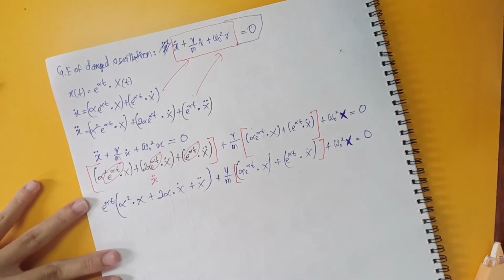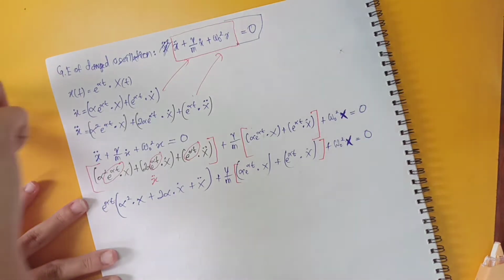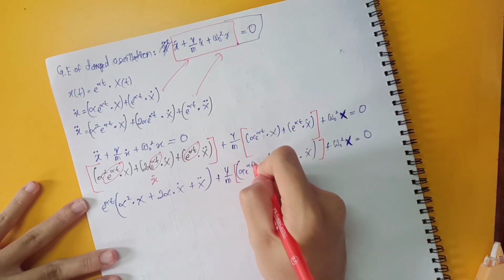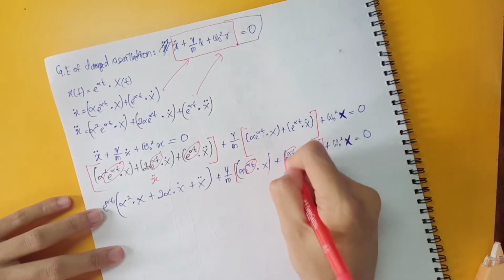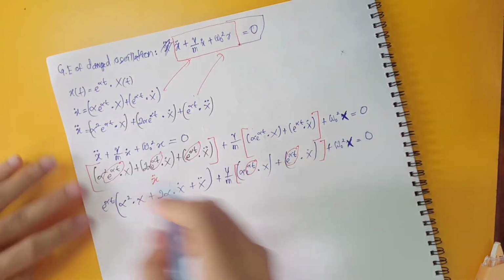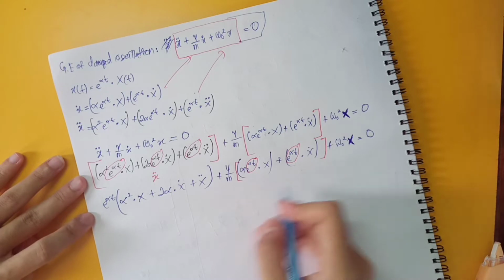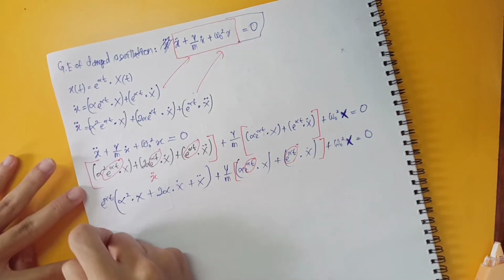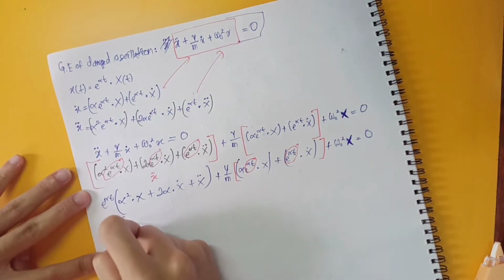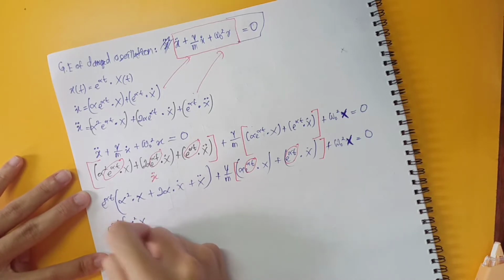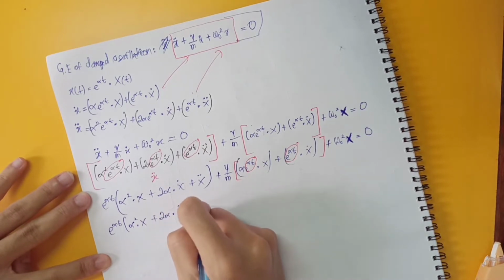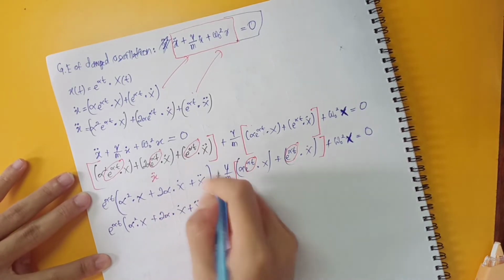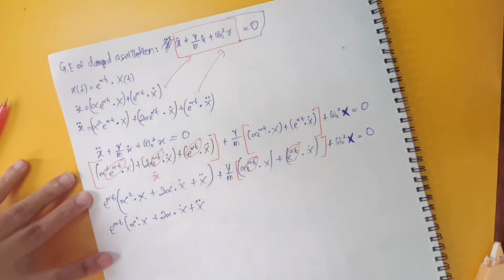Now let's look here. I want to do factorization again. We found that this is equal to exponential power of alpha t times alpha squared X plus 2 alpha x single dot plus x double dot.